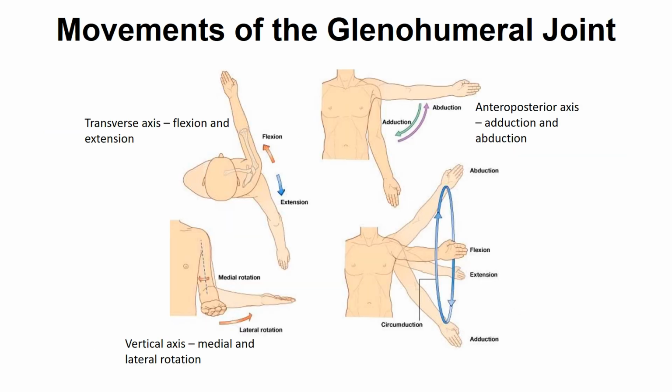Movement at the glenohumeral joint is all encompassing, so basically everything happens. You can have flexion by putting your arm forward, extension, putting your arm backwards, abduction, moving your arm away from the body, and adduction, moving it toward the body. You can have medial and lateral rotation.